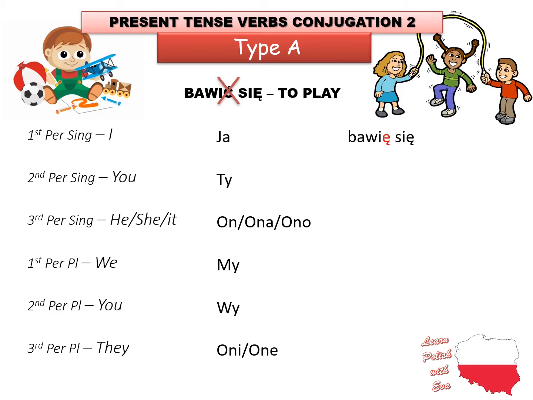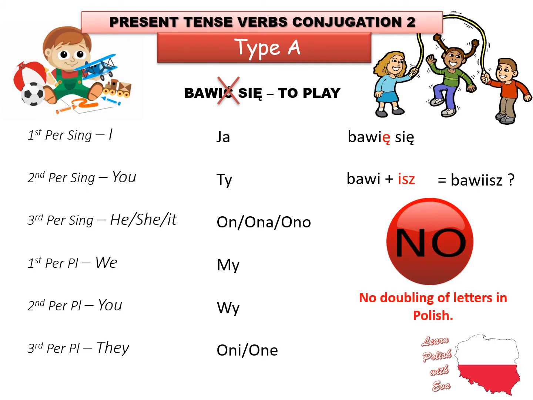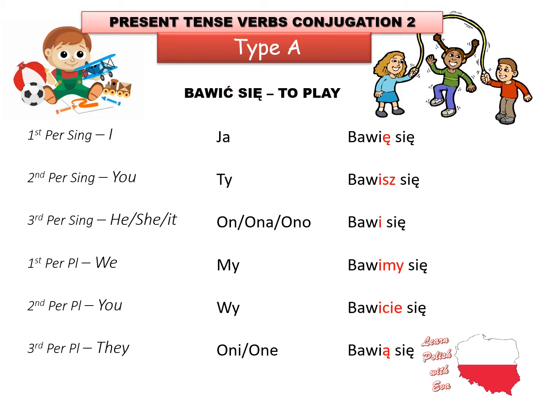First person becomes ja bawię. But what do we do for the second person? The same: we have bawi plus the verb ending, and what do we have? Bawiisz? No, remember there is no doubling of vowels in Polish, so we're just going to have a single I. And the final verb looks like this.